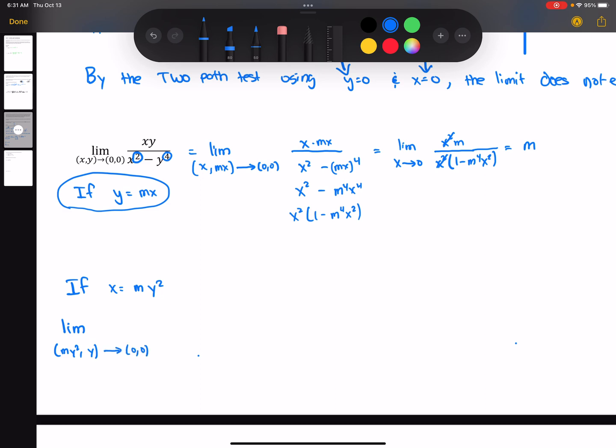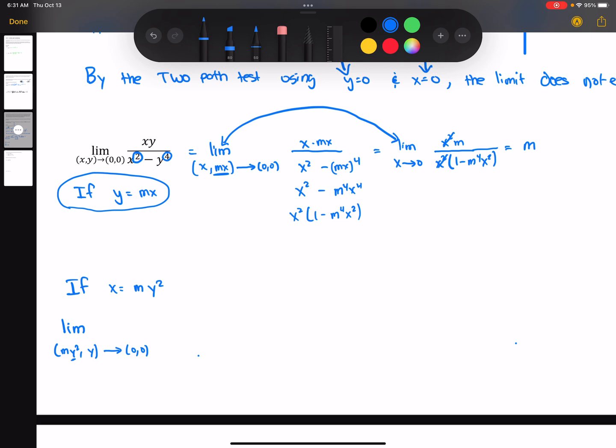Now up here, notice that from this step to that step, we got rid of the second coordinate. And it's because when x goes to 0, that's going to go to 0 anyway. So kind of redundant to have it in the problem. It's fine if you do, but it's also fine if you don't. So this xy now turns into my squared and y, and that's still approaching the point 0, 0, because again, when y goes to 0, that x coordinate is going to go to 0.